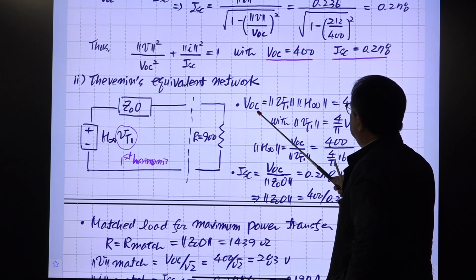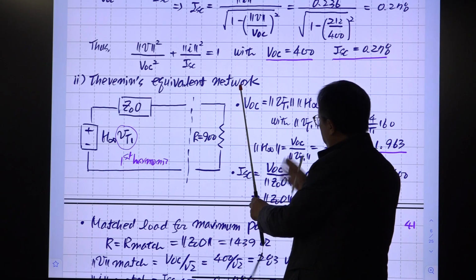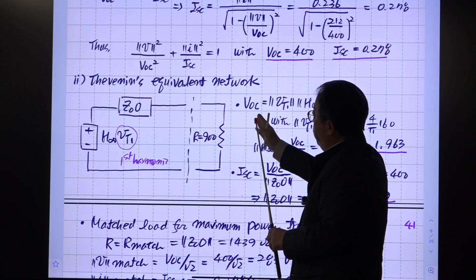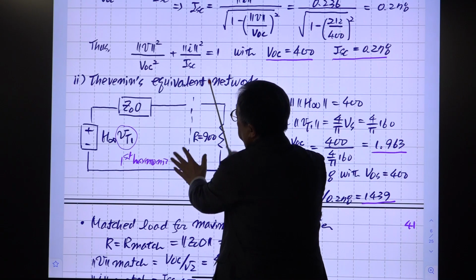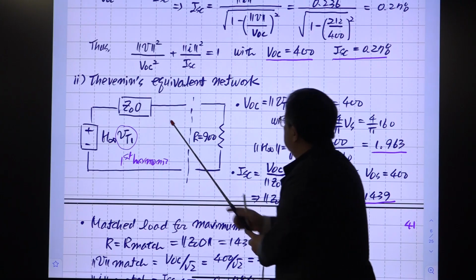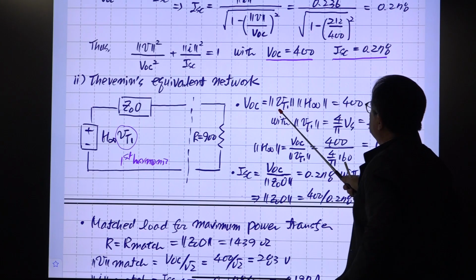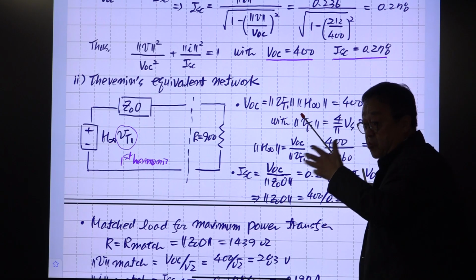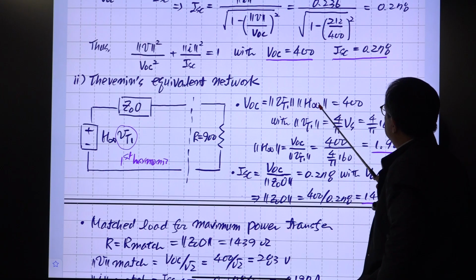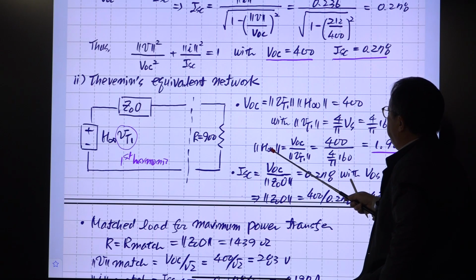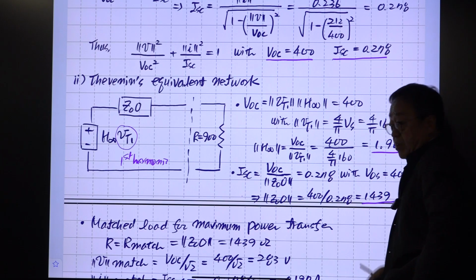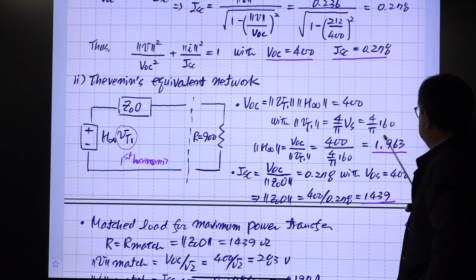VOC, the open circuit voltage, is evaluated when this is open, and that value is just this one. And this value is given, and we know this value from the DC input, and this can be evaluated like this. So we have H infinity magnitude evaluated at the switching frequency is this one.